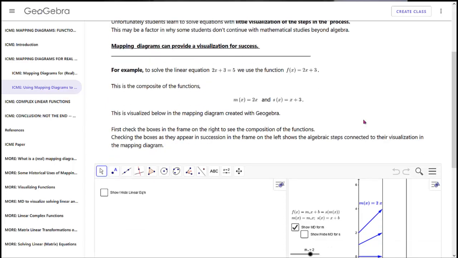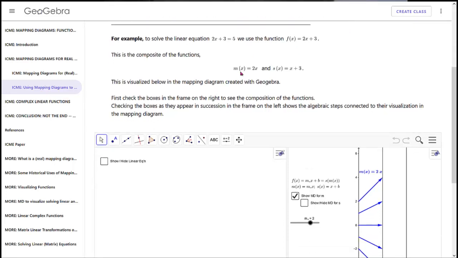For example, to solve the linear equation 2x plus 3 equals 5, we use the function 2x plus 3. This is a composite of functions, actually. The function m, which is doubling x, 2x, and the function s of x, which is adding 3 to x.